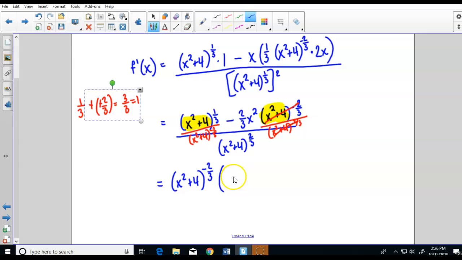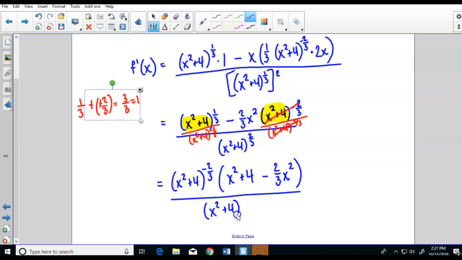So this one will just be x squared plus 4 to the first power. And then over here, we'll have 2/3 x squared, and that's all over x squared plus 4 to the 2/3.